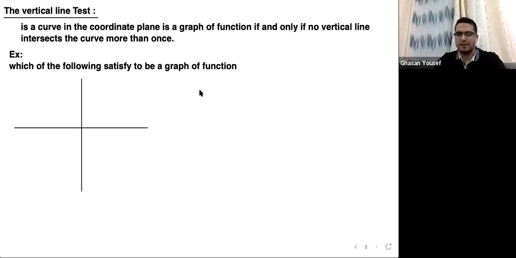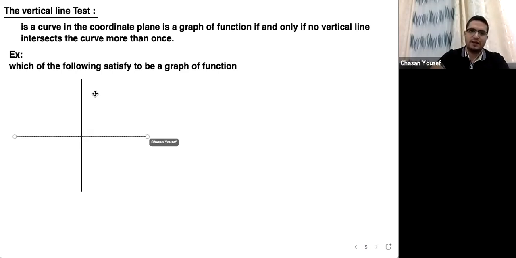Every input in the domain should take exactly one output, not two, not three, just one. Whether the outputs are different or the same doesn't matter. The vertical line test checks if every input takes one output. This is the goal of this test.